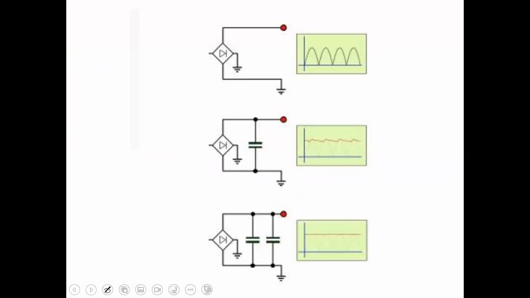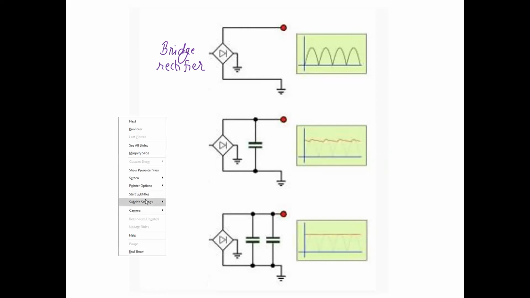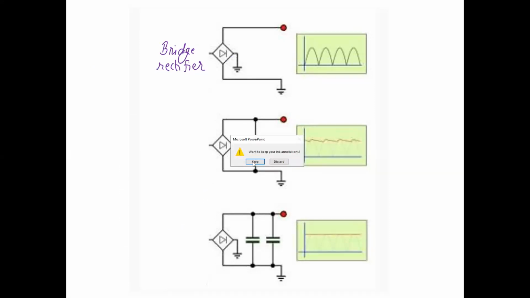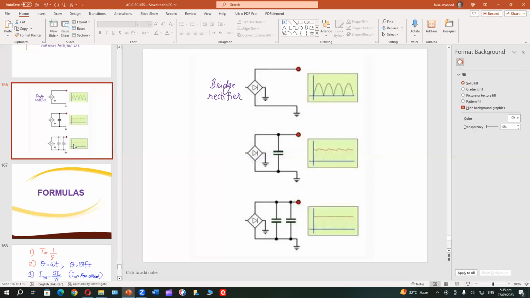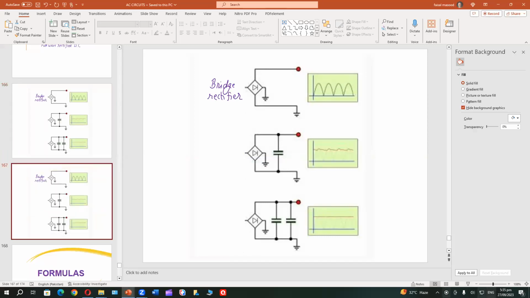You can see here that we are using a bridge rectifier, but there is no capacitor. Now you can see as the number of capacitors increases, the degree of smoothing increases until you can get a very smooth, nearly steady current.